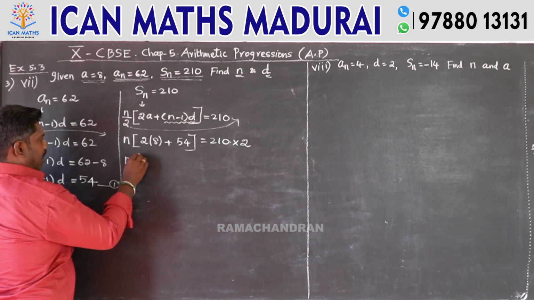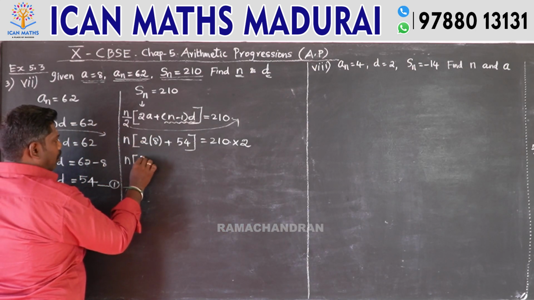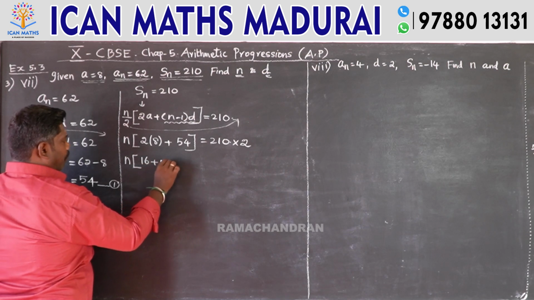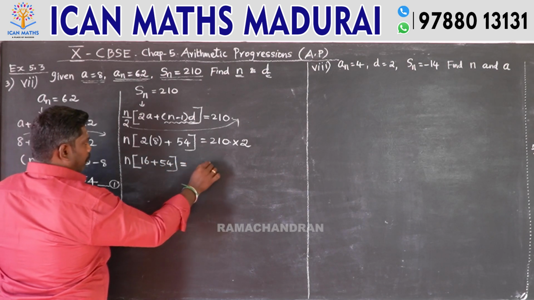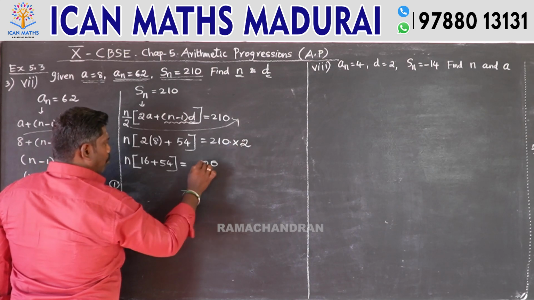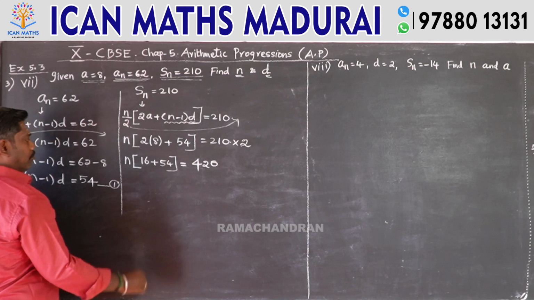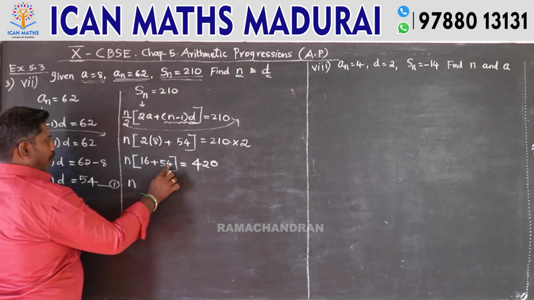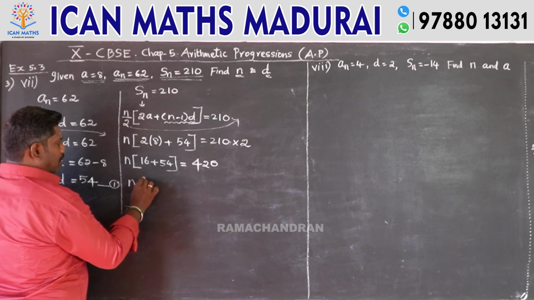Now we have n into (2 eights are 16, plus 54) equal to 2 times 210, that is 420. Now 54 plus 16 is 70.